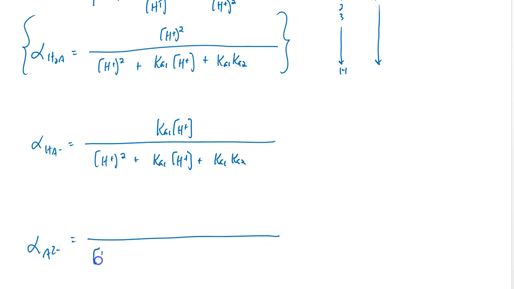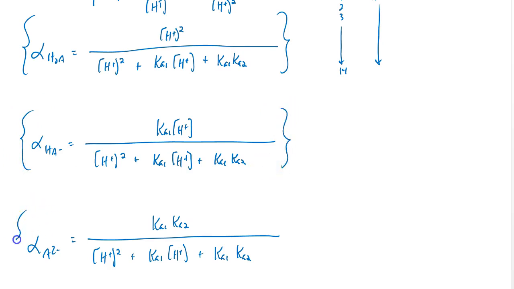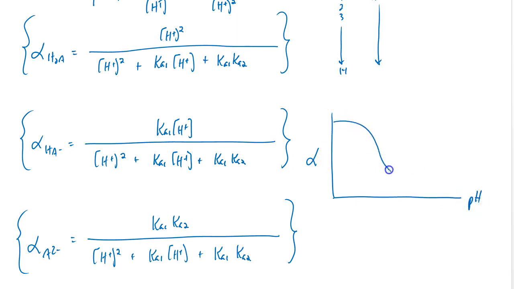You'll have that same denominator, and then upstairs, you'll have this term, Ka1 times Ka2. So you do not have to derive these equations, but you will be using them for your extra credit assignment, which is, again, to make a plot of alpha as a function of pH for H2A, HA minus, and A minus 2.